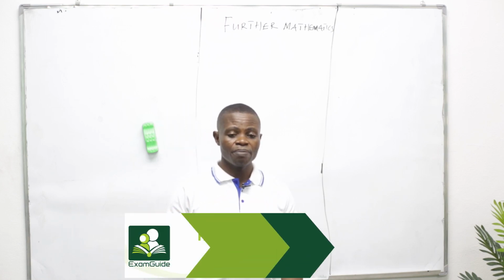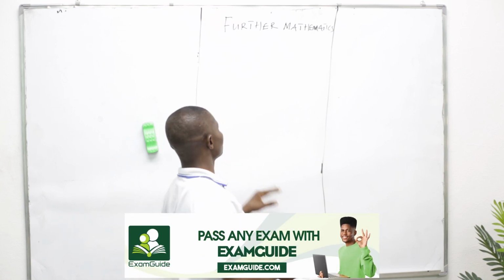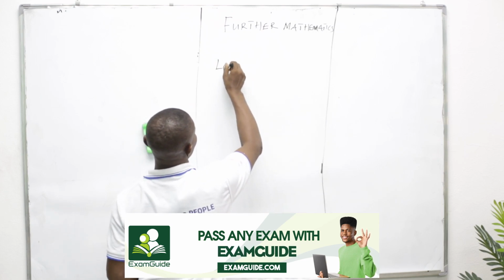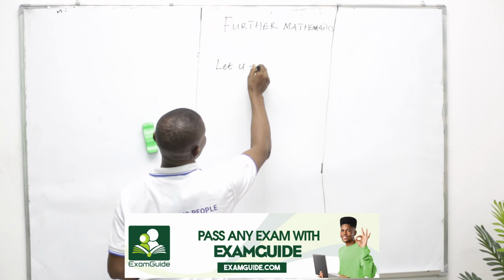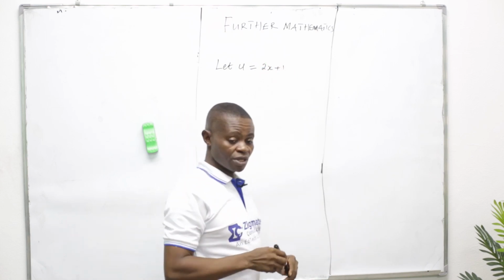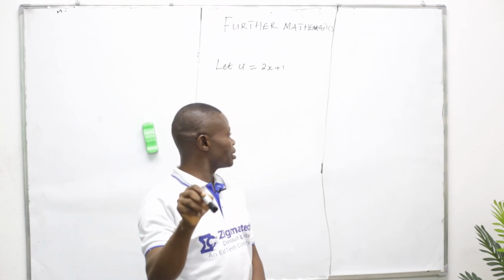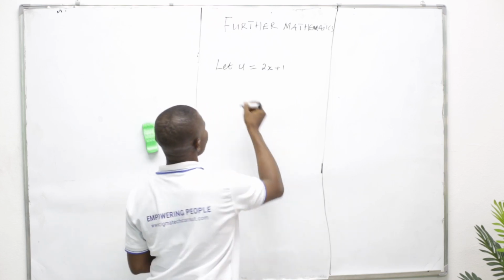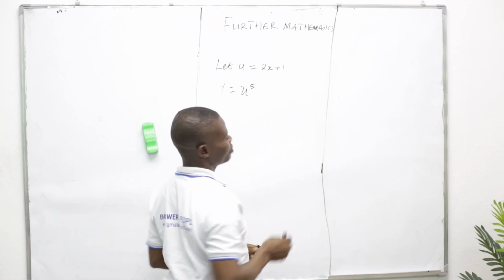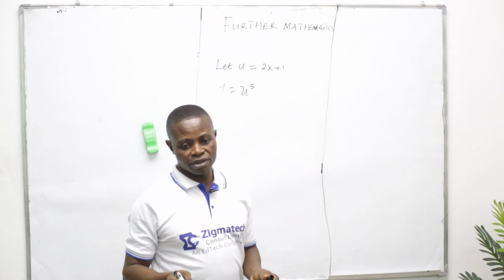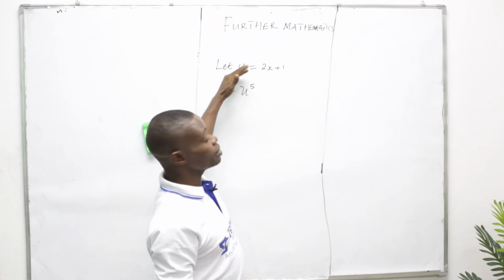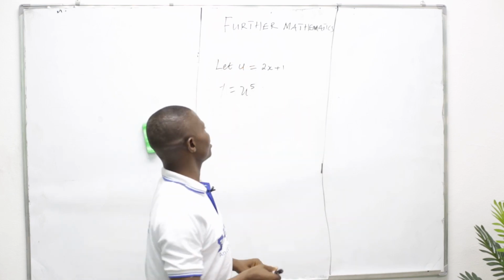Because of the power you are seeing there, you are going to let something here. If you let u equals 2x plus 1, it means you are dealing with the one in the bracket. Then the other one will be y equals u power 5. That's another statement. Okay, how do you do it? You are going to settle it one after the other.